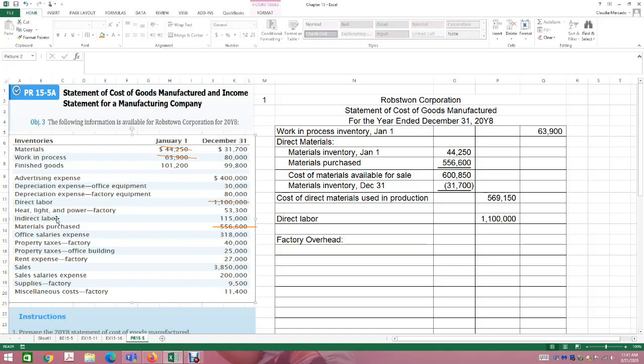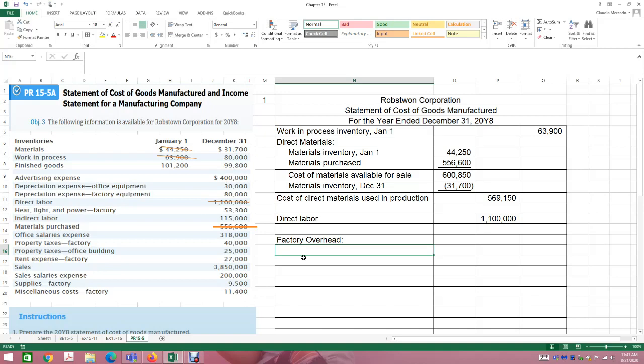Now indirect labor, what is that? Indirect labor is labor for people that work in the factory but not on the assembly line. This could be the cleaning crew, the maintenance people that keep the factory clean, or maybe the plant manager, who doesn't actually produce, they're just supervising.